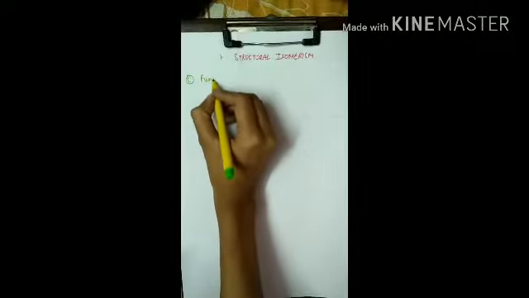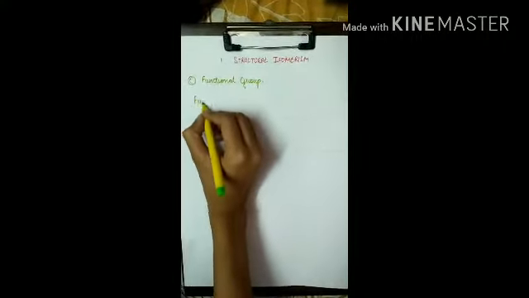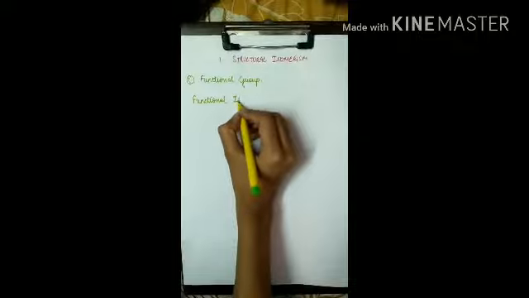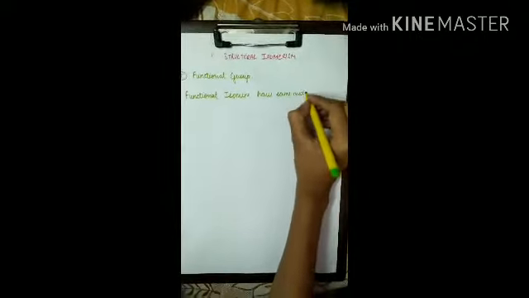Let's see the third type of isomerism, that is functional group isomerism. In functional group isomerism, we have the same molecular formula but different functional groups.